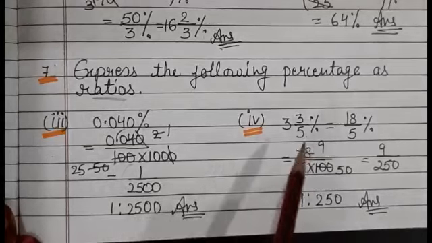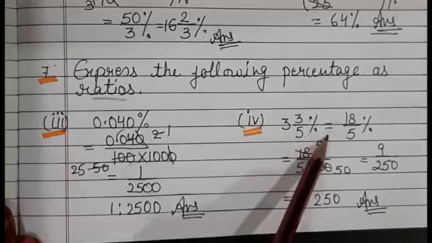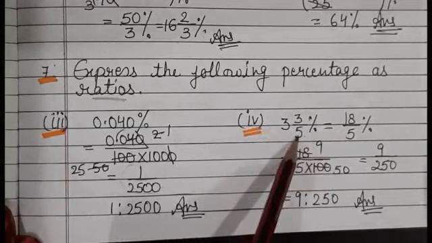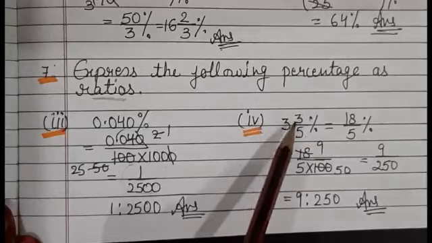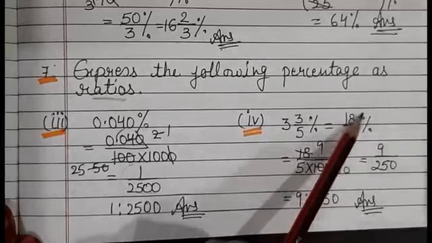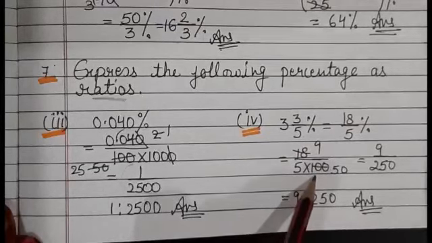Clear? Now fourth part. 3 whole 3 by 5% is equals to, first convert this mixed fraction into improper fraction. 5 3s are 15, 15 plus 3 is 18. So 18 by 5%. Now remove percent sign, then we have to divide it by 100. Right?